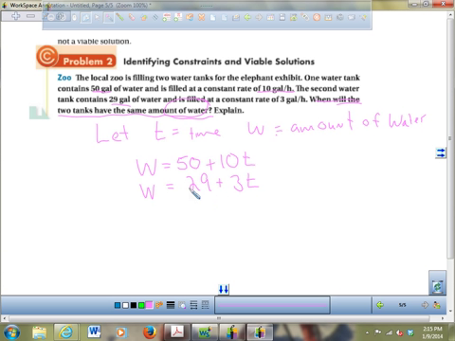Elimination. Easier than elimination. I want to see when the two are the same. You just take this and put it in over here, because you're trying to see when those two things are the same. So you go 29 plus 3t equals 50 plus 10t.